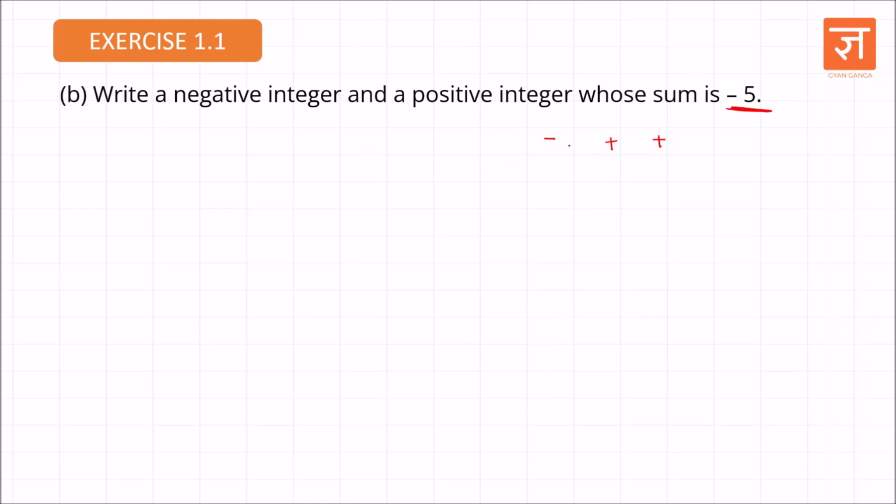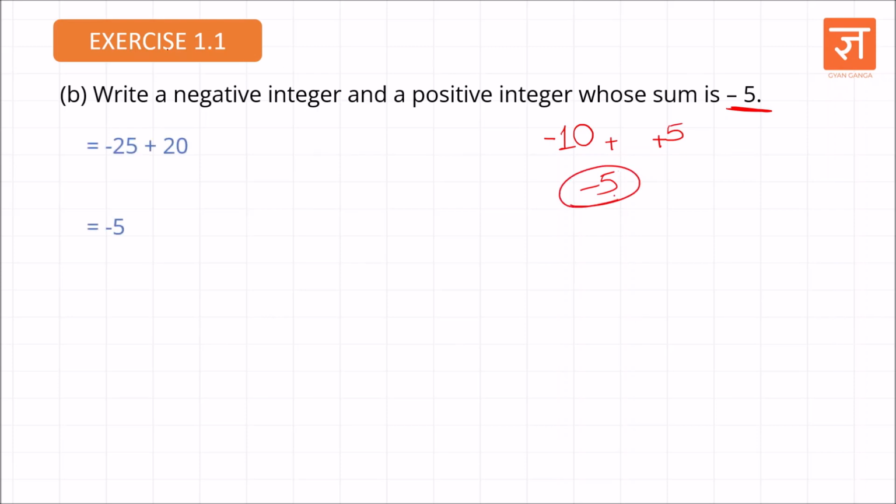If one is positive and one is negative, then the answer will be minus, so we have to put this one as the bigger number. Say minus 10 plus 5. We get the answer as minus 5. Similarly, minus 25 plus 20. We get minus 5.